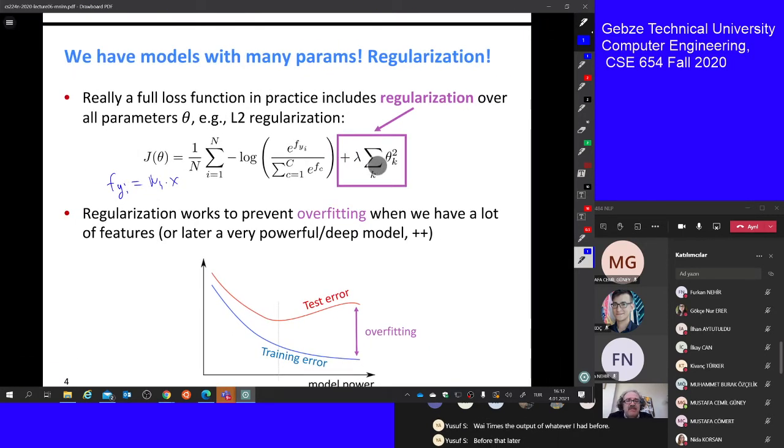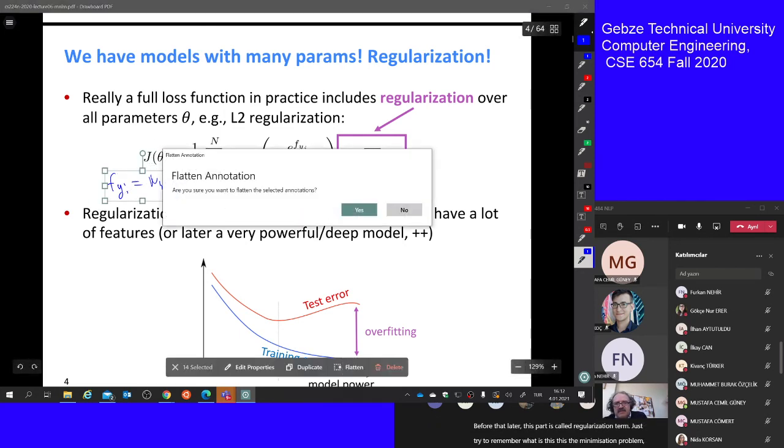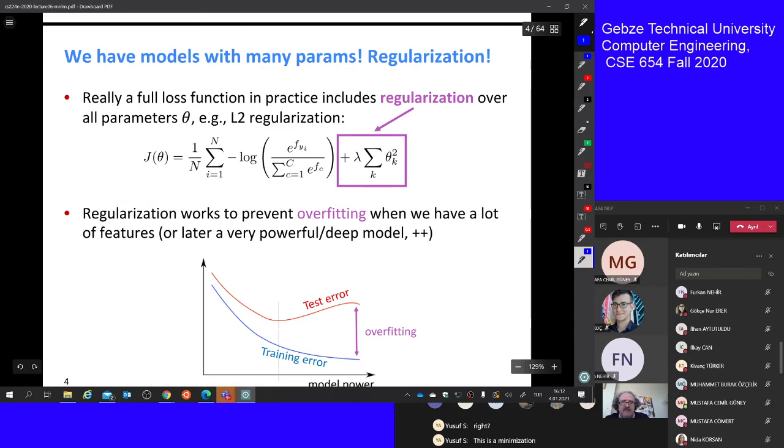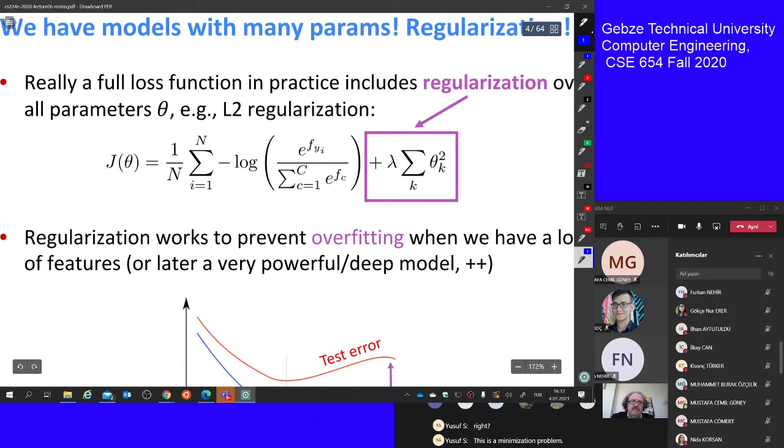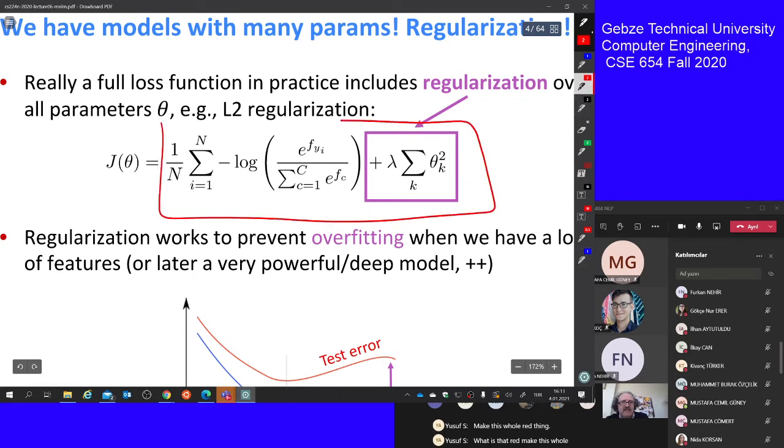This part is called the regularization term. Just try to remember what this is. This is a minimization problem, right? And it says to try to make this whole thing as small as possible.